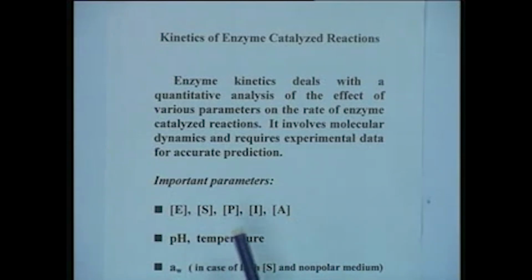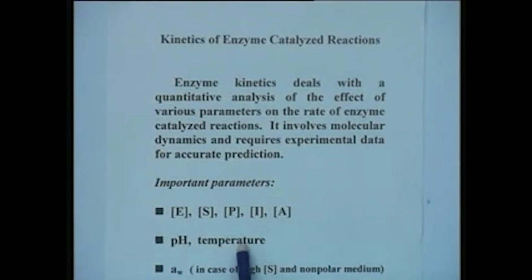Then you have a set of environmental parameters like hydrogen ion concentration, reflected in pH, or the temperature of the reaction. In most enzyme catalyzed reactions, we assume the water concentration to be very large, almost in excess, and for most analytical purposes it is ignored.